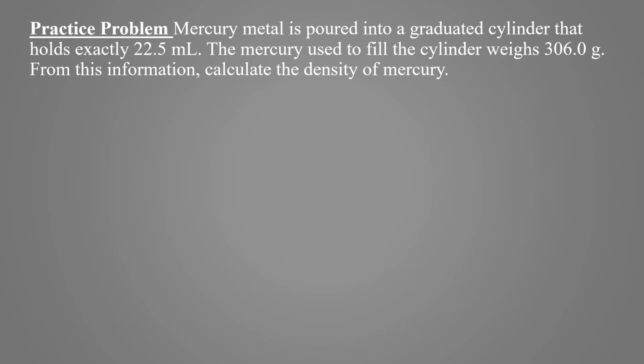To find density, we need the mass and volume of mercury. The volume of mercury will be equal to the volume of the container it is poured in, which is 22.5 milliliters, and the mass is 306.0 gram. With this information, let's find the density.